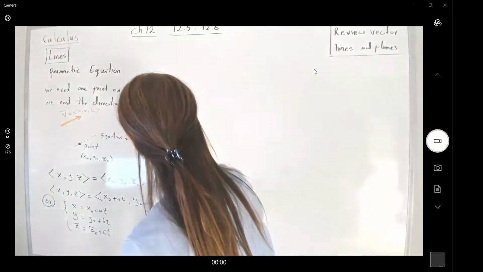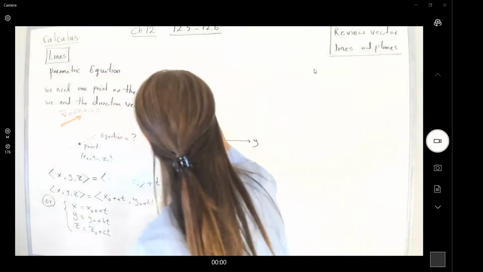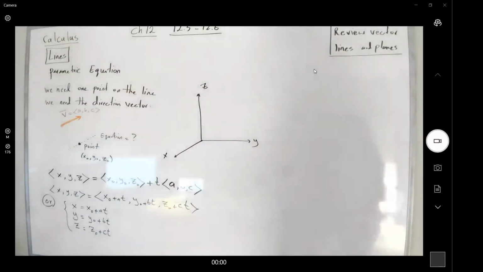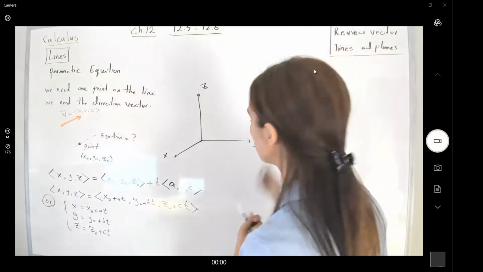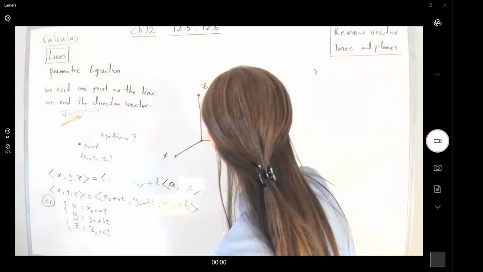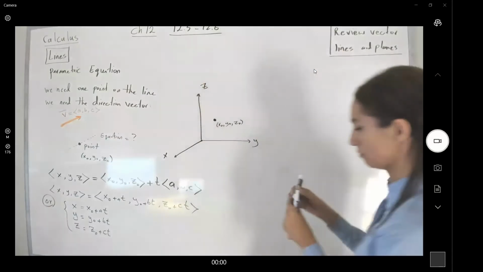This is our x-axis, for example. This is our y-axis, and this is our z. Suppose this is your point, x sub 0, y sub 0, and z sub 0.